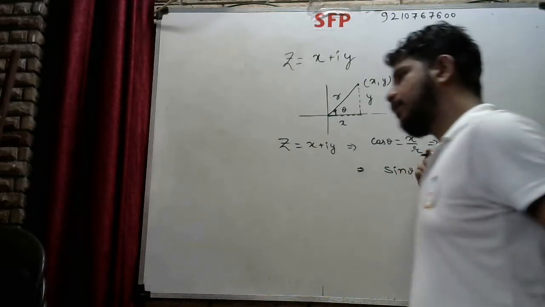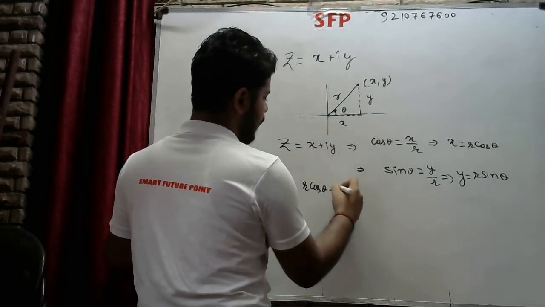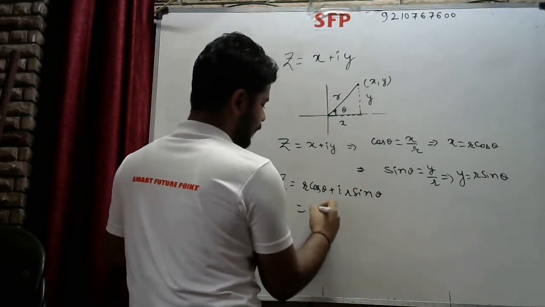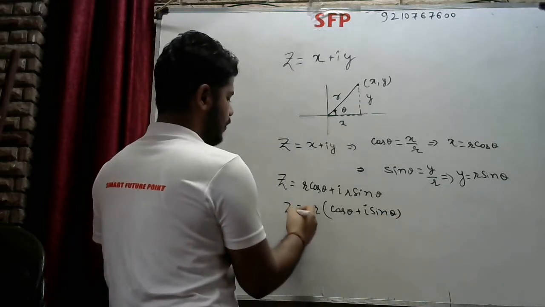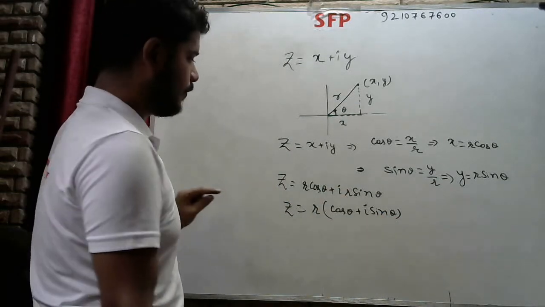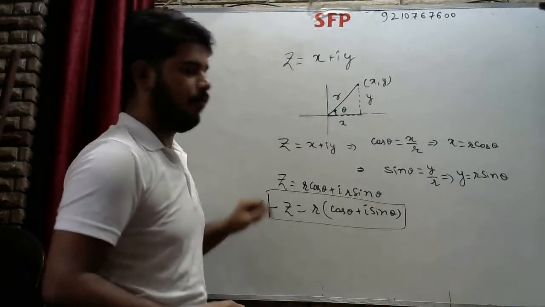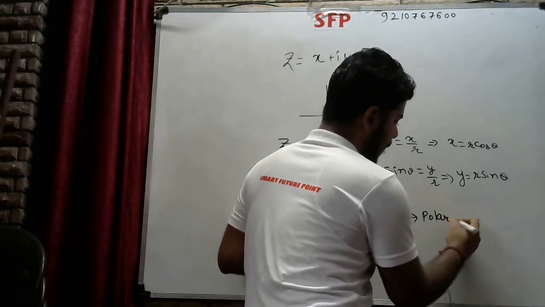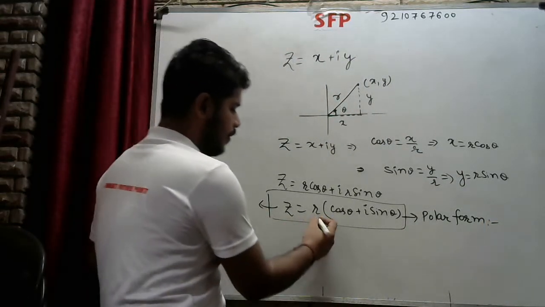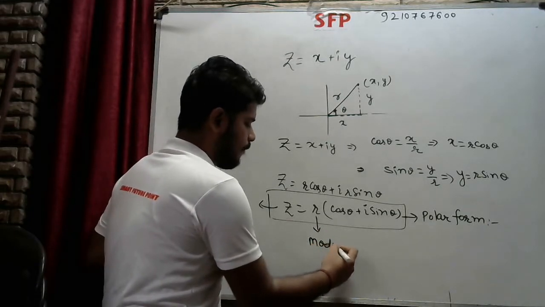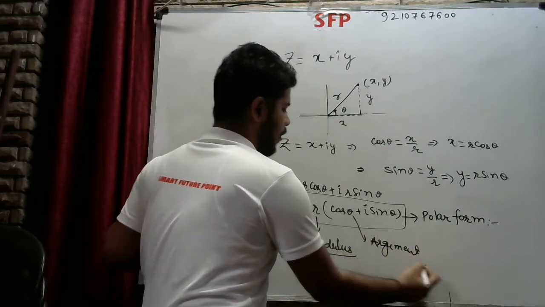We get this, and putting the value of x and y here, we got z is equal to r cos theta plus iota r sin theta. R can be taken common out. This will be r times cos theta plus iota sin theta. This whole representation is known as polar form, where r is your modulus and theta is your argument.